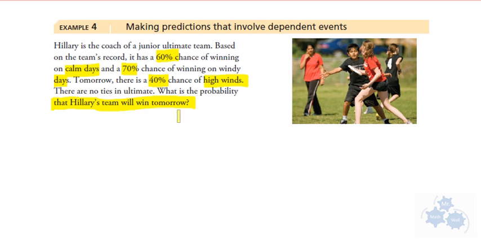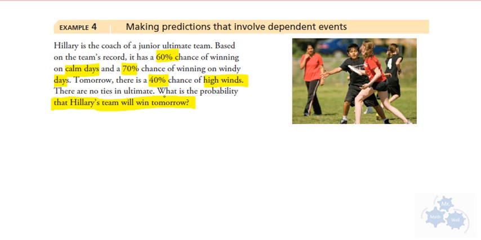So this is a different kind of question. You can't just go multiplying percents here, right? Because this is a bit different. So we want to consider this. In this type of question, what's the probability that Hillary's team will win tomorrow? Well, we have to consider the factors that are involved, right? Is it going to be windy or is it going to be calm?